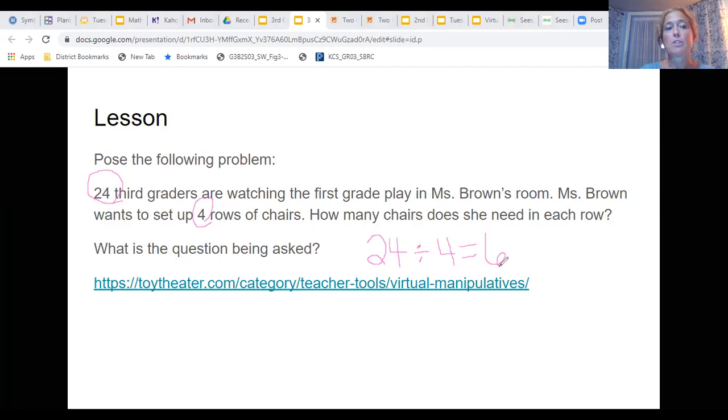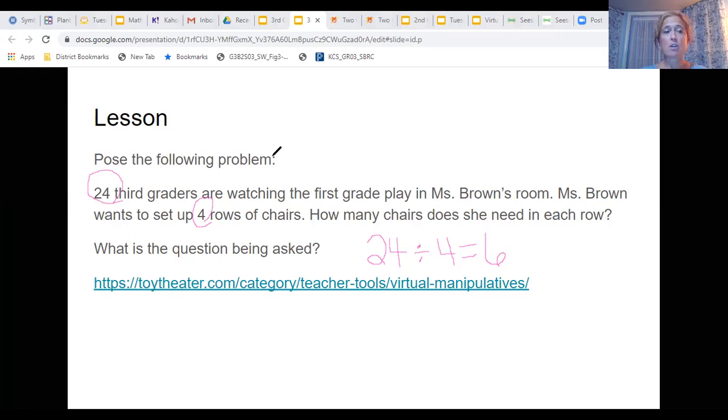Okay, so when we know it's division, we have the total amount and we're dividing it by either the number of groups or the number in each group. So in multiplication, we have the number of groups and the number in each group, and we're trying to find the total.